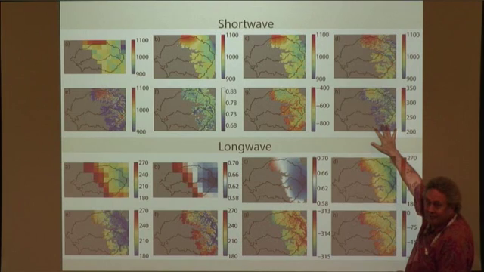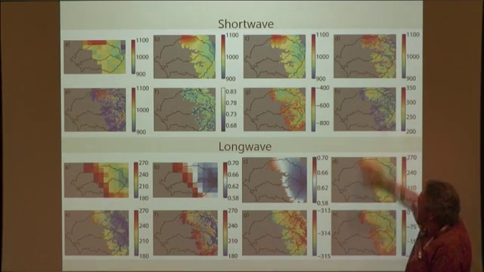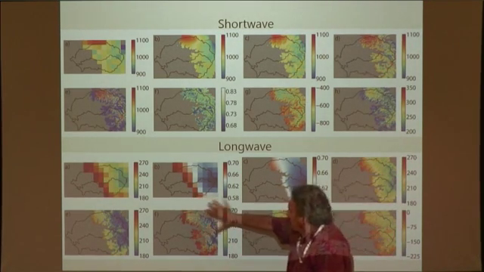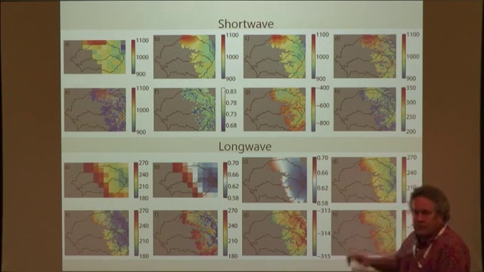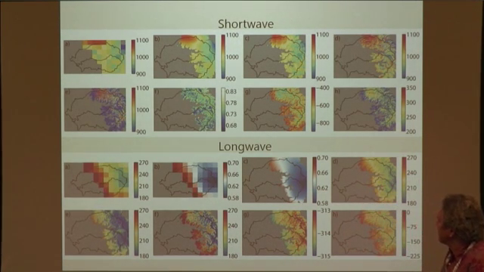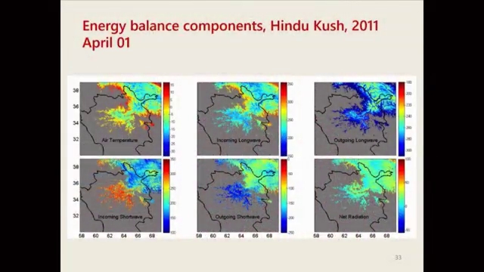So that's the energy that goes into melt. And then we do something similar with the longwave radiation, but in the interest of time, I'll skip that detail. But again, that takes a lot of computing, but that's pretty easy to parallelize because each day is independent of the other days. All right?